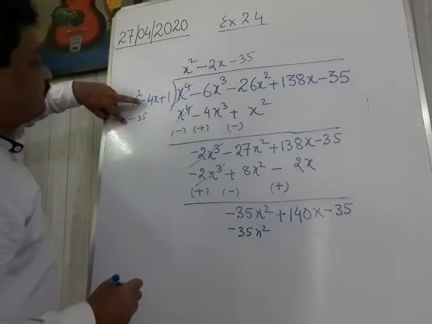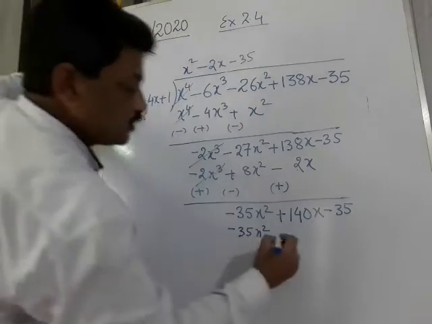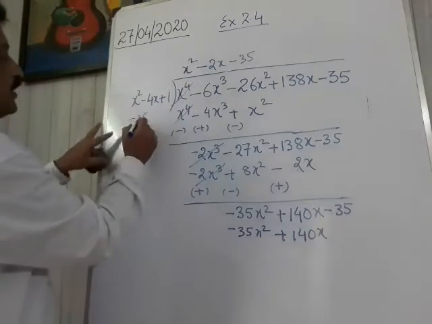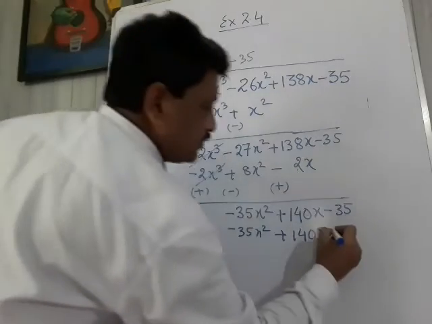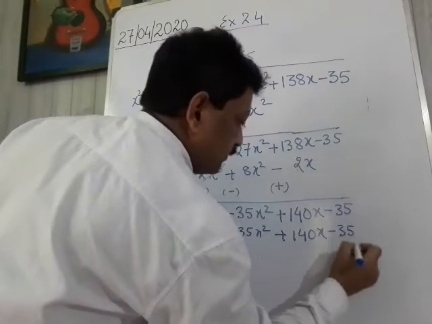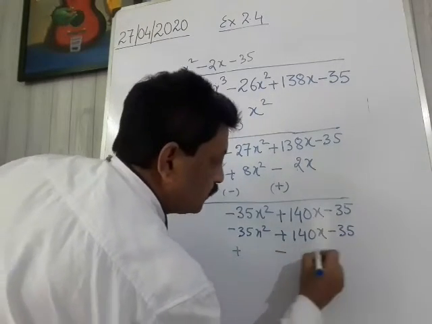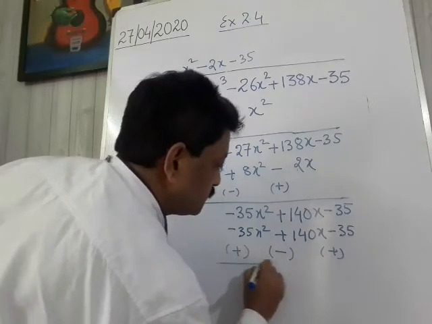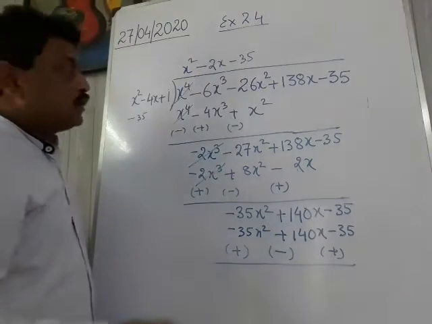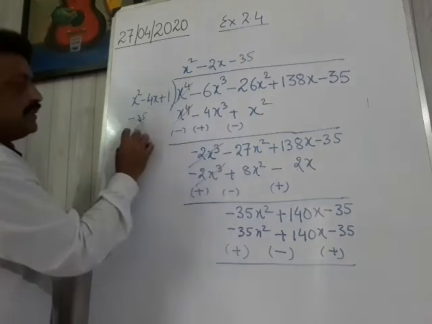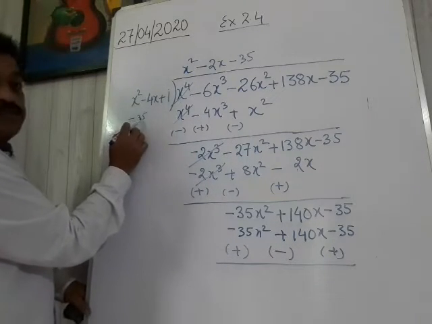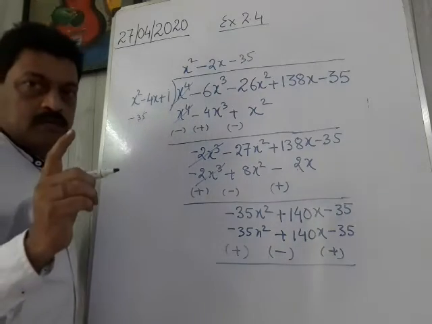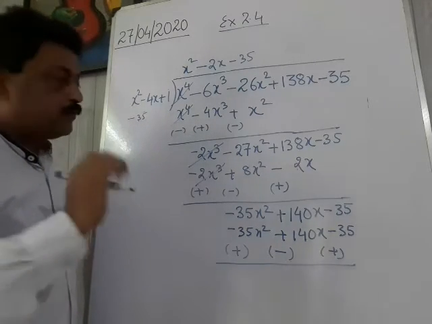Minus 35 into minus 4x is plus 140x, and minus 35 into plus 1 is minus 35. Whenever you write any number here, please write it here also, so it will become easier for you to multiply with all the terms. The chances of making mistakes will be reduced.